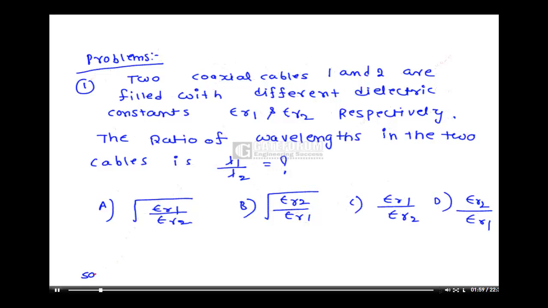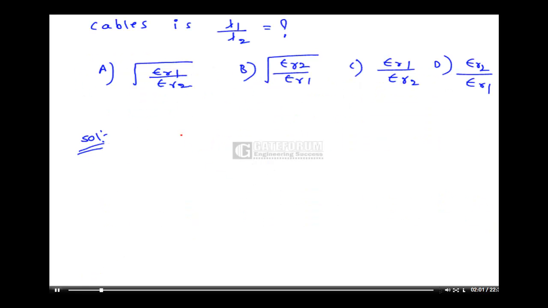The solution to this problem is, they are asking the ratio of wavelengths. We know that lambda is equal to C by F, where F is the frequency of operation and C is the free space velocity.